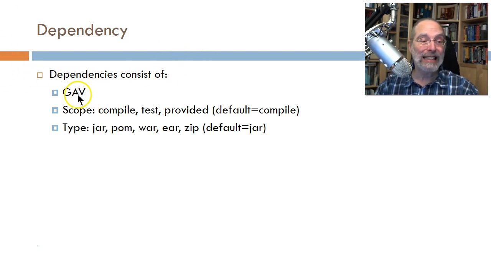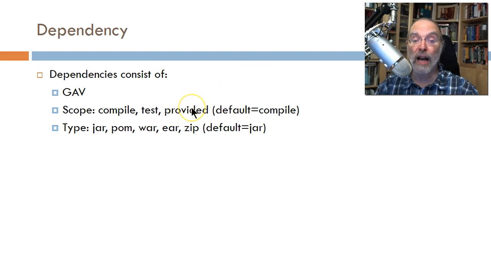So our dependency consists of the GAV, so we have to have a name, but dependencies can also have a scope. For instance, when we do unit testing, we'd say that the JUnit library is test scope. This ensures that it's not going to be included in the project when it's packaged. We have compile. That's the default, and this implies that this particular library will be part of the final jar.